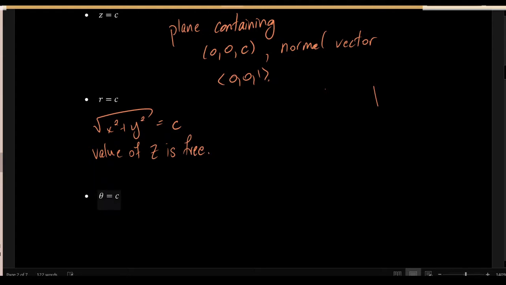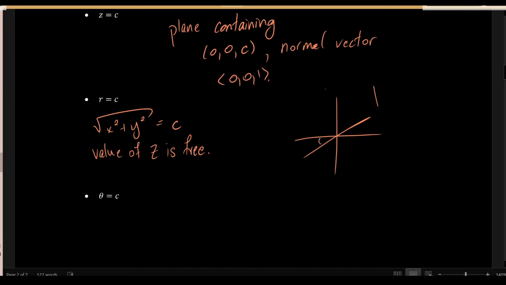The height of the point can be whatever it wants to be, but as long as the x and y coordinates satisfy this equation, then the point will be on the graph. We recognize this as the equation of a cylinder, which we studied in rectangular coordinates 2 days ago.